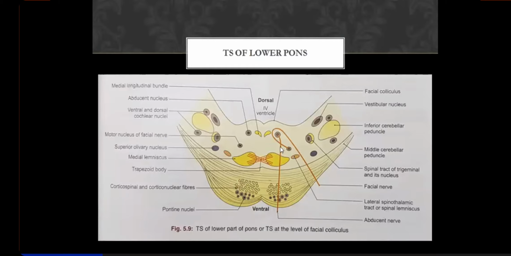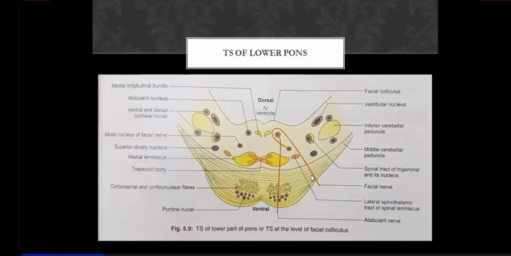So the abducent nerve passes straight down ventrally, crossing this medial lemniscus, then the basilar portion of the pons through the pyramidal tract in between, then it emerges, as you can see, on the ventral aspect of the pons, just above the pyramids.